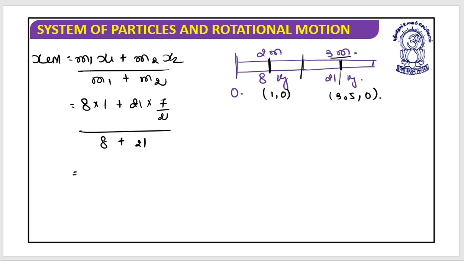I hope this is clear. If I solve this, it's 8 plus 21 sevens, that is 147 divided by 2, divided by 21 plus 8, which is 29. This has been given in meter, so my answer would be in meter. I hope this is clear.